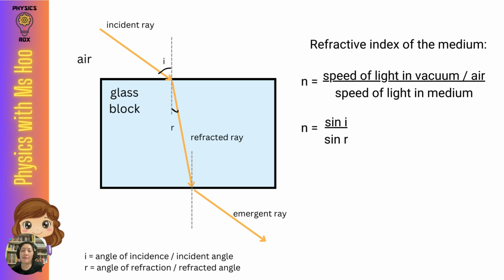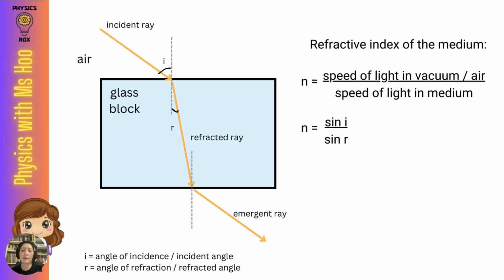So another way to calculate the refractive index is to take sine I divided by sine R. By the way, the name of the person who came up with this is Snell. We'll come to that at the end of this video. A little bit about the sine I and sine R formula first before we move on.